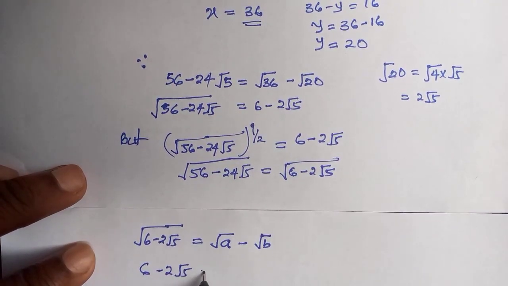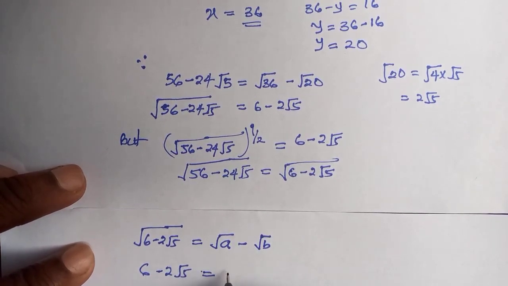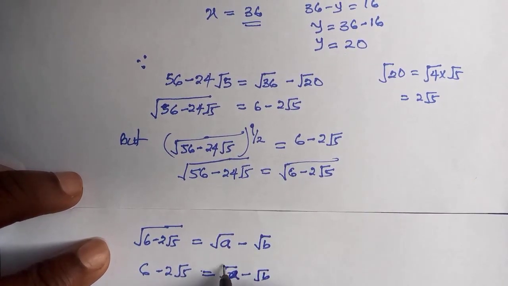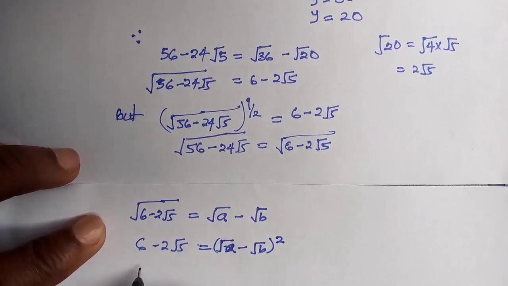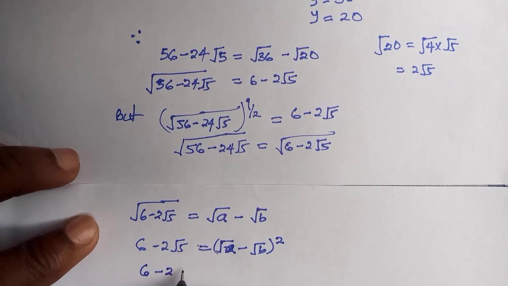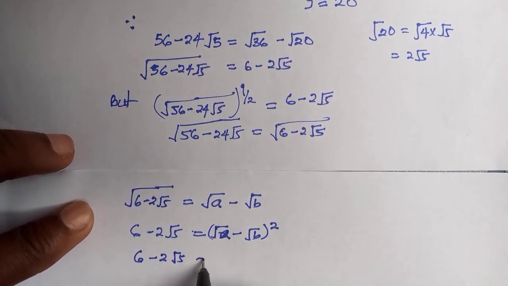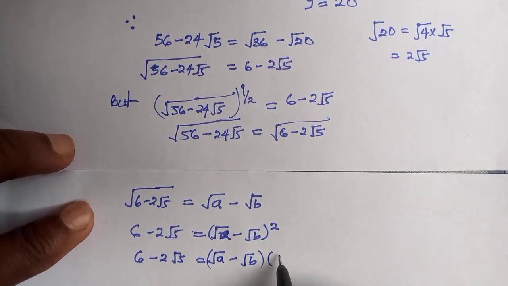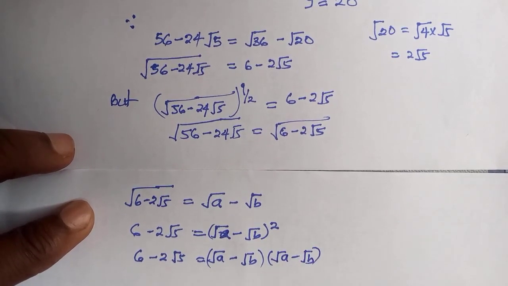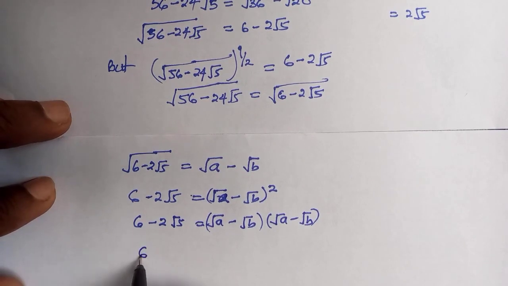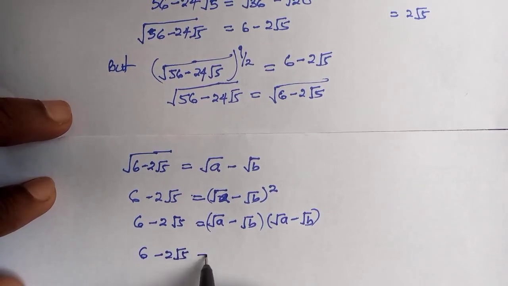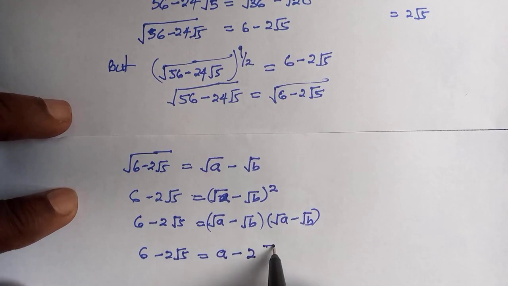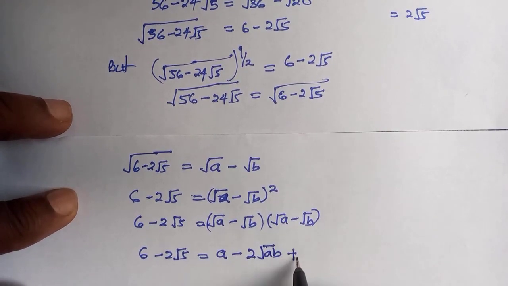We have 6 minus 2 root 5 equals root a minus root b, all squared. By expanding this, it is root a times root a, that is a, minus 2 root ab, we have done this earlier, plus b.